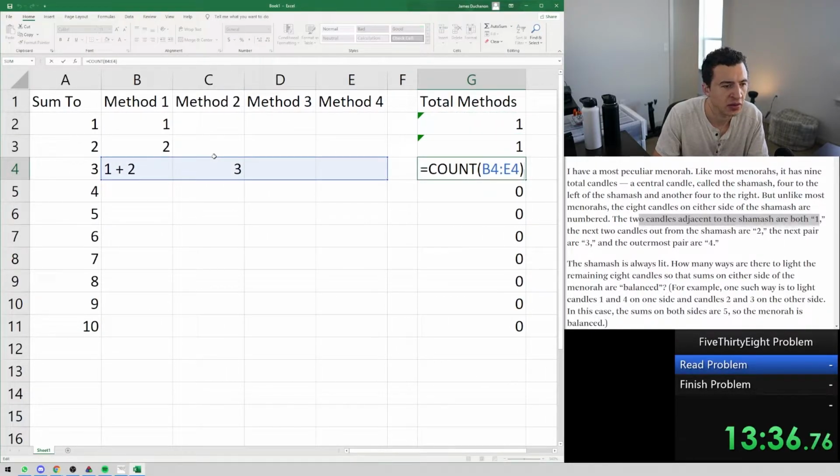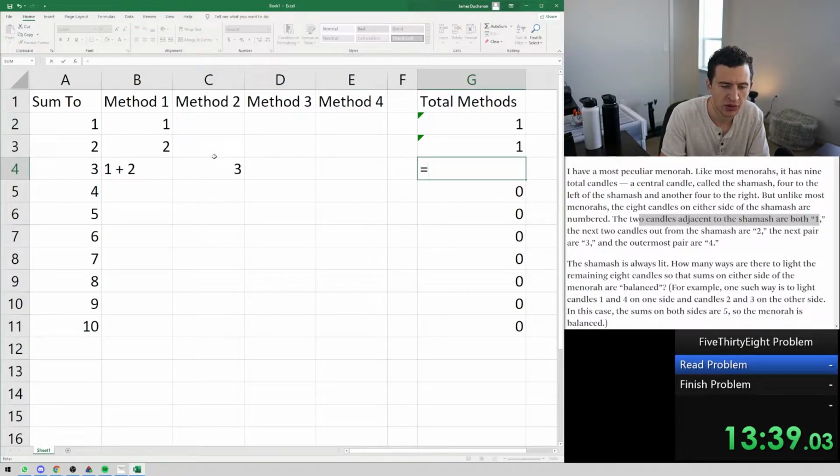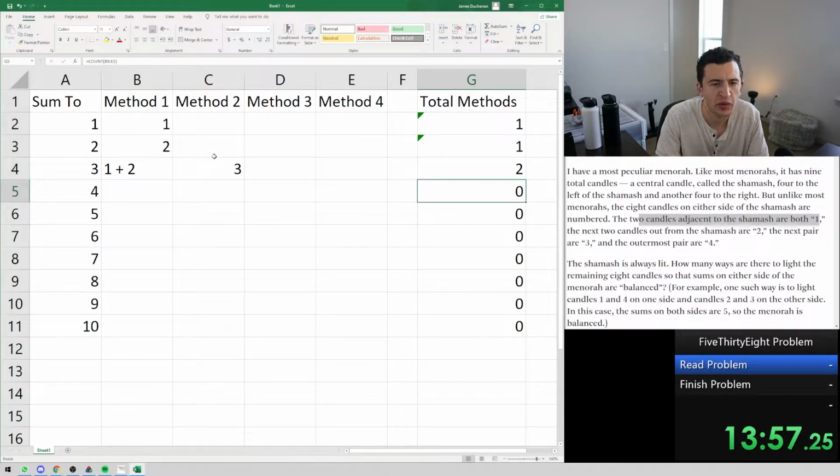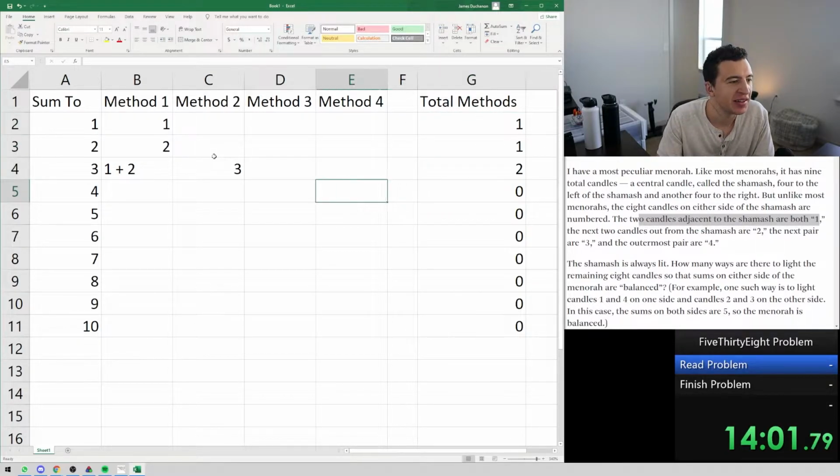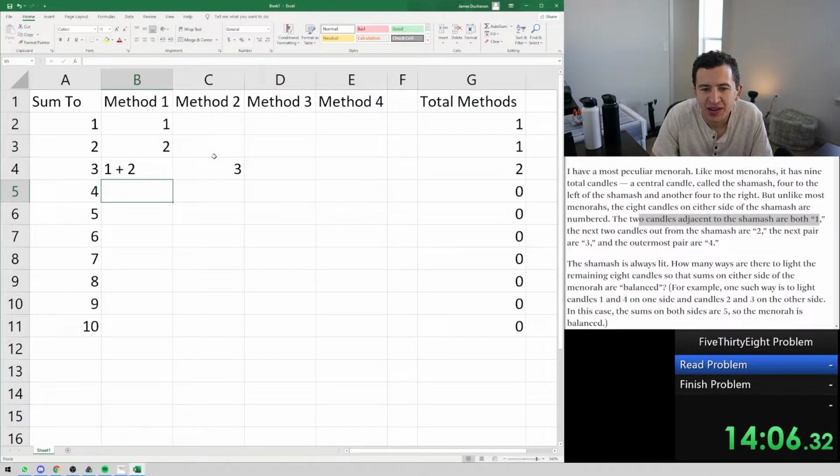My count function isn't working, but we can update it manually. We won't be slick with it. For 4, I think there are only 2 methods: 1 plus 3, and 4. I can't think of another one.